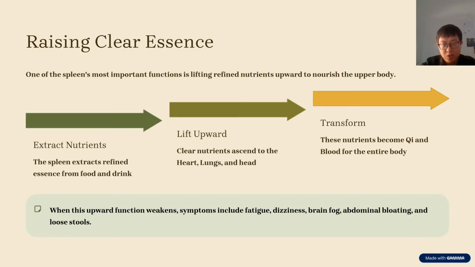Organs, tissues, and sensory functions lack proper nourishment. This leads to various chaos and functional disturbances. So what does that mean? The spleen energy is weak or obstructed by dampness.